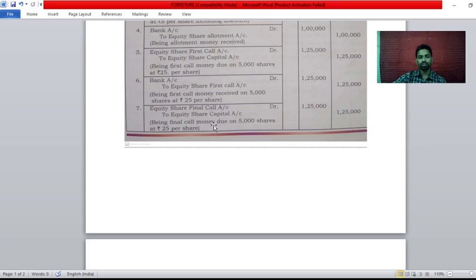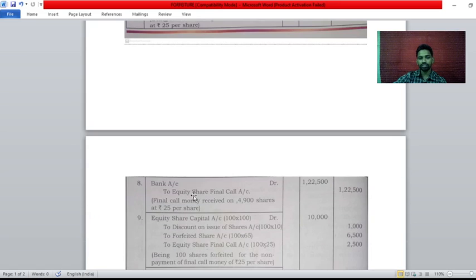So they are not going to receive this 1,25,000 because the 100 shareholders have not paid rupees 25 per share. Now how much will they receive? Bank account debit rupees 1,22,500 to equity share final call account credit rupees 1,22,500, being final call money received on 4,900 shares at rupees 25 per share.